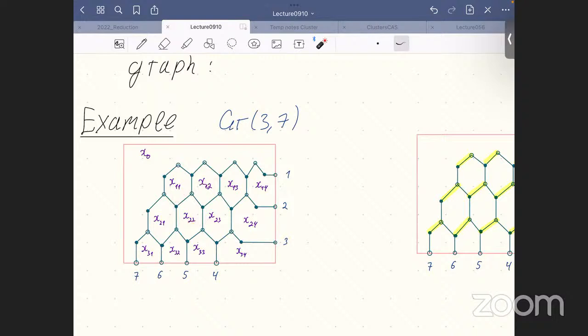And we have edges from the boundary to the border, vertical and horizontal. In total we have 7 boundary points. 3 of them are here, and they correspond to horizontal edges. 4 correspond to vertical edges.